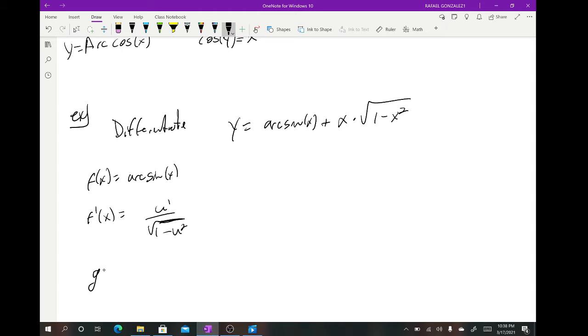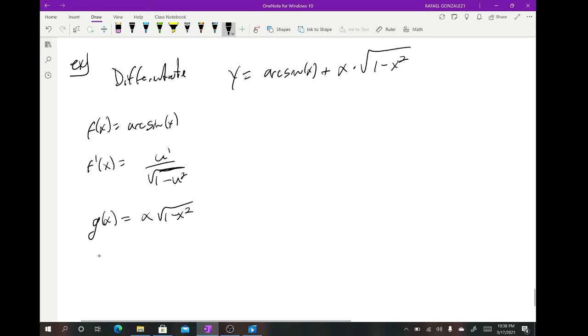And then let the other one be g of x. That's x times the square root of 1 minus x squared. And this derivative, because of the product rule, is going to be the first times the derivative of the second plus the second times the derivative of the first.